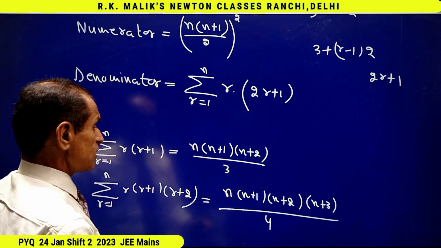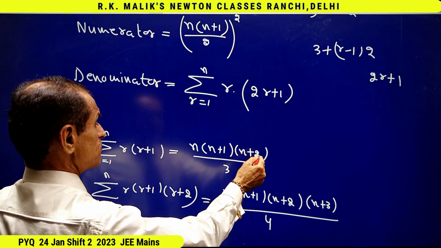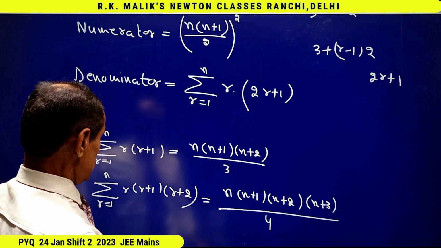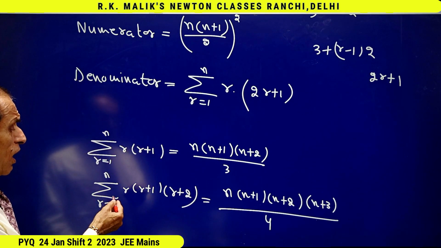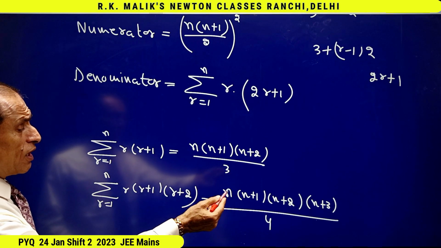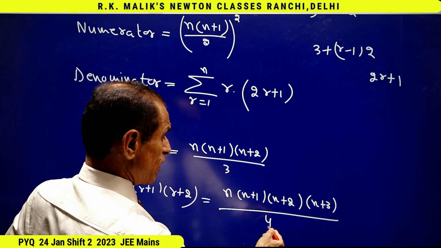That is, you can see very easily, every time I add one more extra term and divide by the total number of terms. Similarly, had it been R, R plus 1, R plus 2, R plus 3, then the result would have been n, n plus 1, n plus 2, n plus 3, n plus 4 by 5.